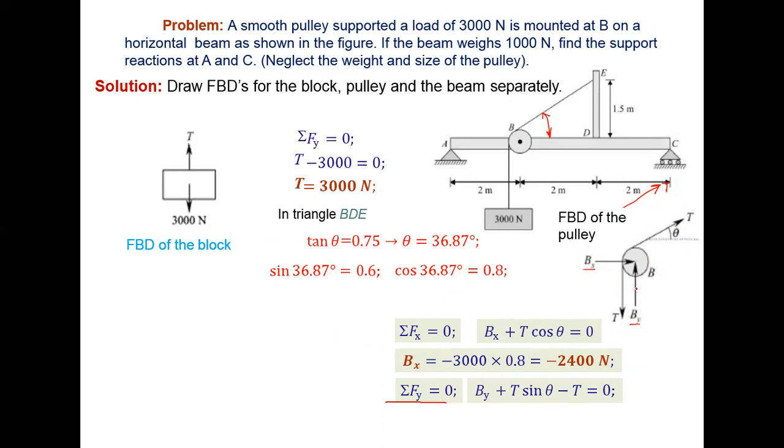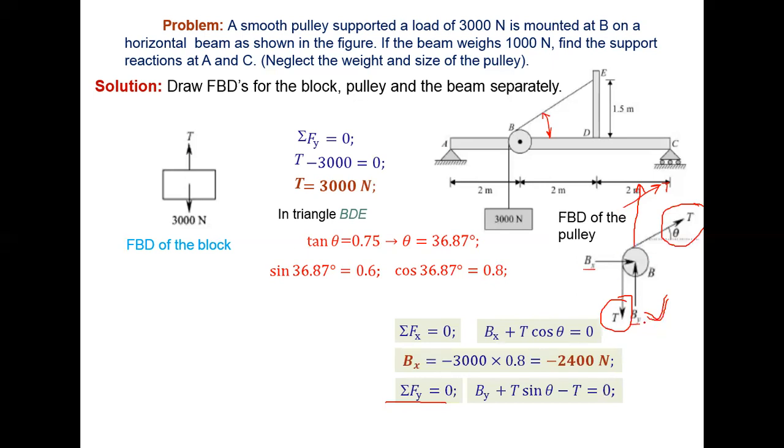So which forces are acting vertically on this pulley? One of the forces is By, that is the reaction force at the hinge of this pulley, and then this tension is acting downward, and this tension is acting at an inclination of theta degree. So you can calculate its vertical component, that is T sine theta.